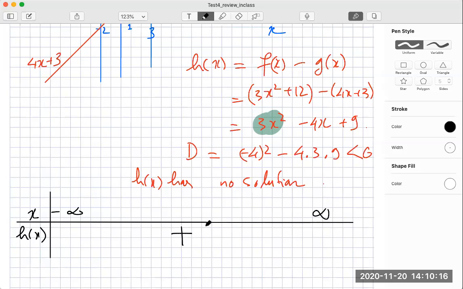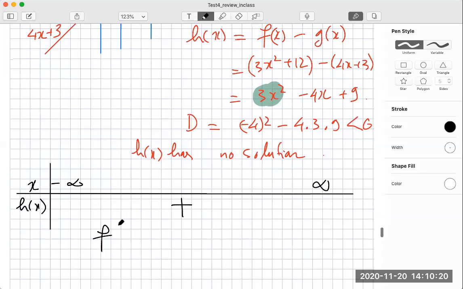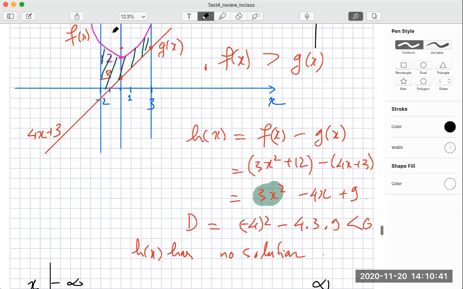Okay, h is always positive, or we say that f of x minus g of x is always positive, or f of x is always larger than g of x. The study here agrees with what we see on the graph.